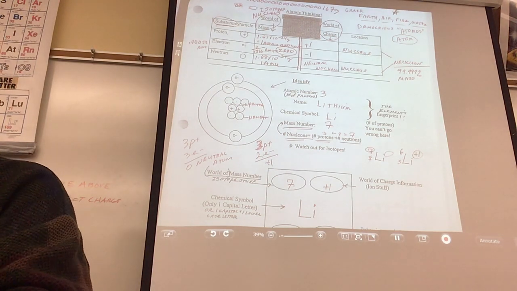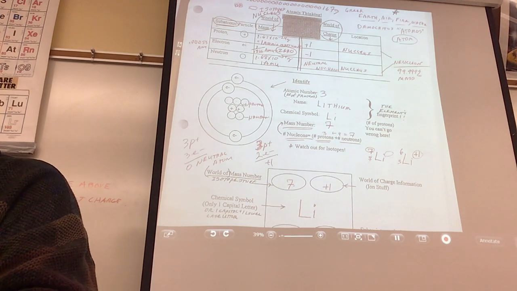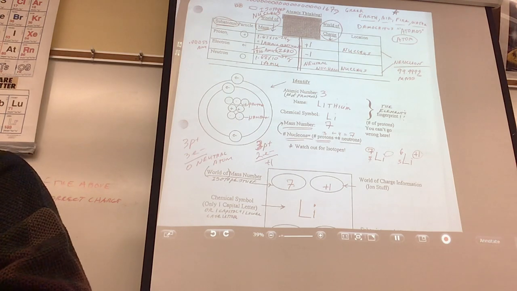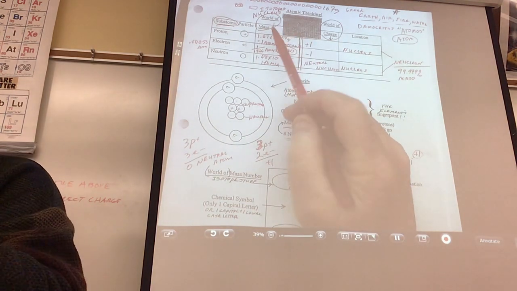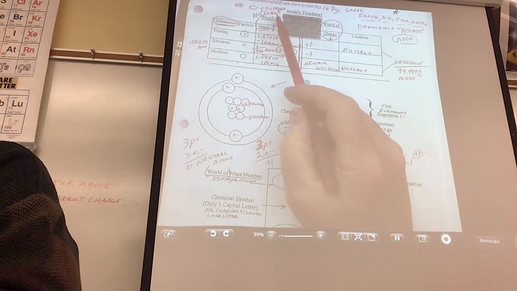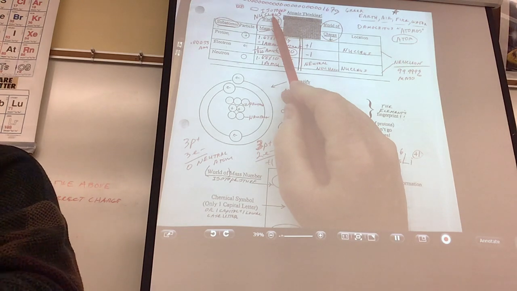So what I was trying to tell you, when you're talking about the structure of the atom, there are two worlds that you have to know about. One of them is the world of mass. Remember that? The world of mass is the world of the nucleus, because almost 100% of the mass is in the nucleus, right?